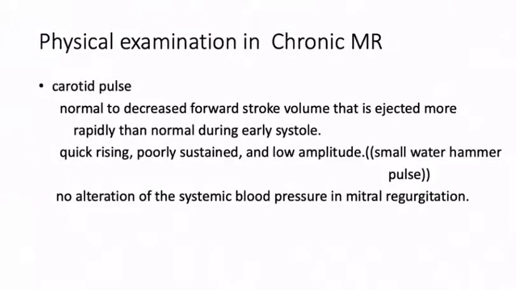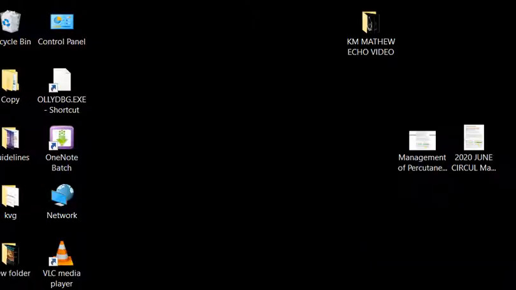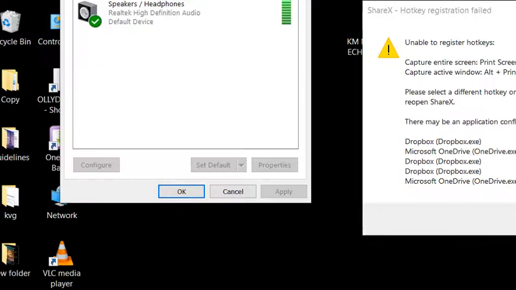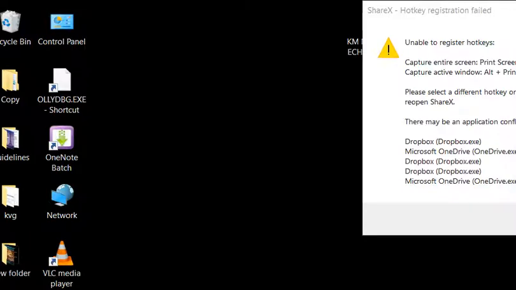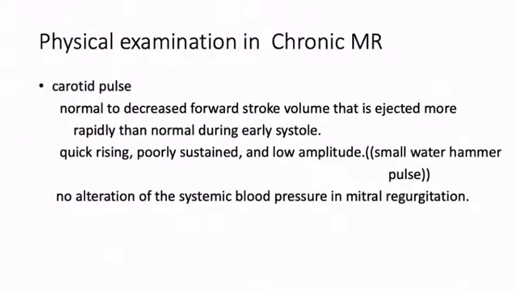Excuse me, sir. Sorry to disturb you, sir. There is an alarm sound behind. Just check where it is coming from. It's disturbing. Guru, you start again.